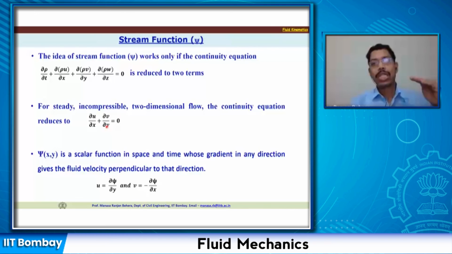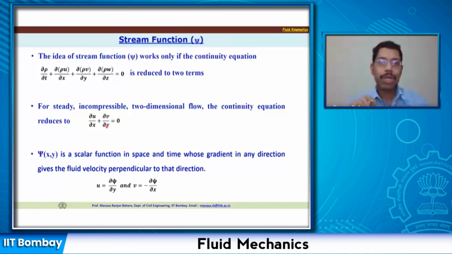In phi function, the negative gradient in any direction was giving the flow velocity in that direction. Whereas in case of psi function, the gradient in any direction gives the velocity perpendicular to that direction.